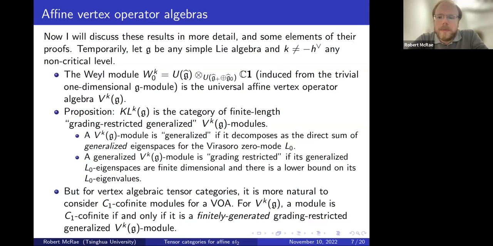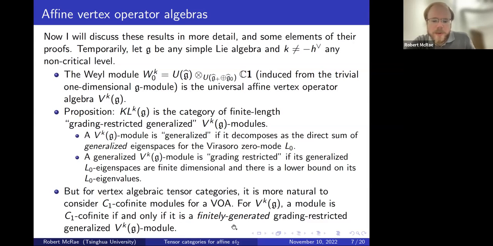But the problem is that it's not clear that this finite length category has the right properties we need to get the vertex algebraic tensor category structure. For that, it's more natural to consider C1-cofinite modules in general for a VOA, and I won't define what C1-cofinite means because for V^k(G) in particular, it's quite natural.